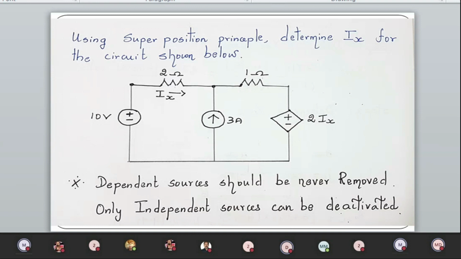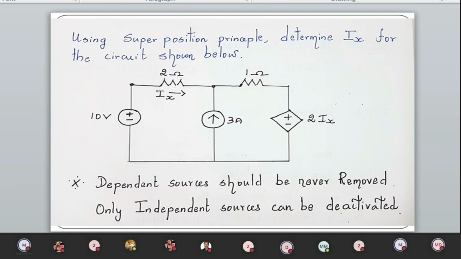But this is not the point of research debate or discussion. Here, consider this plain rule: dependent sources should never be deactivated or removed. Only independent active sources can be removed.